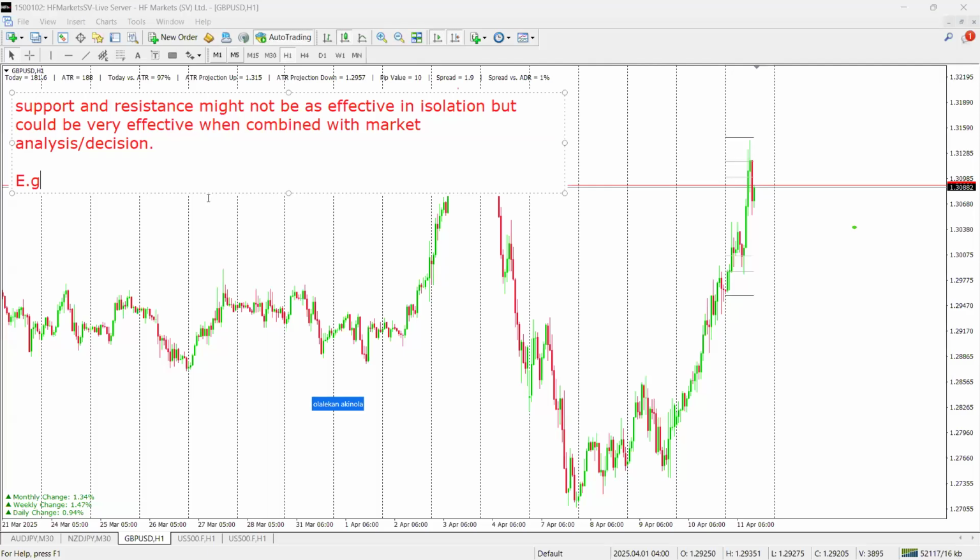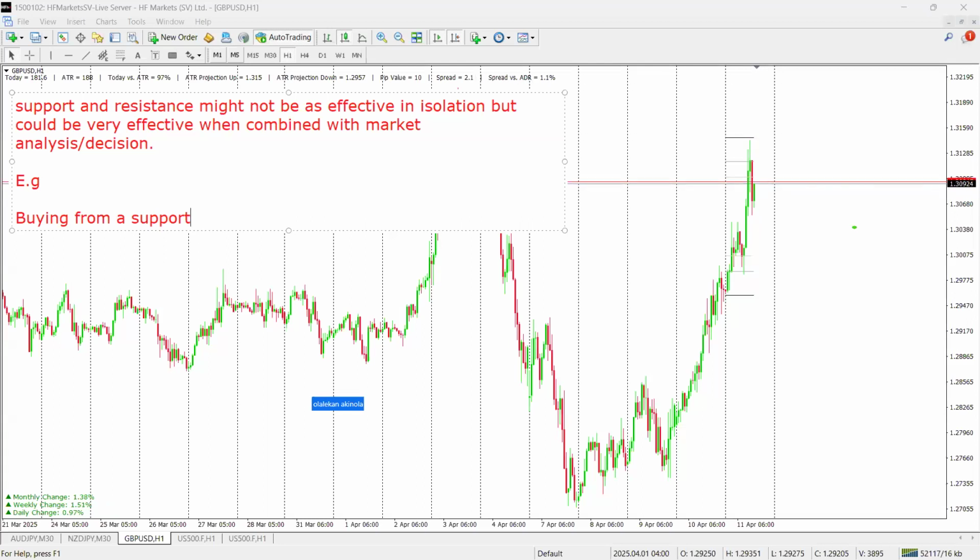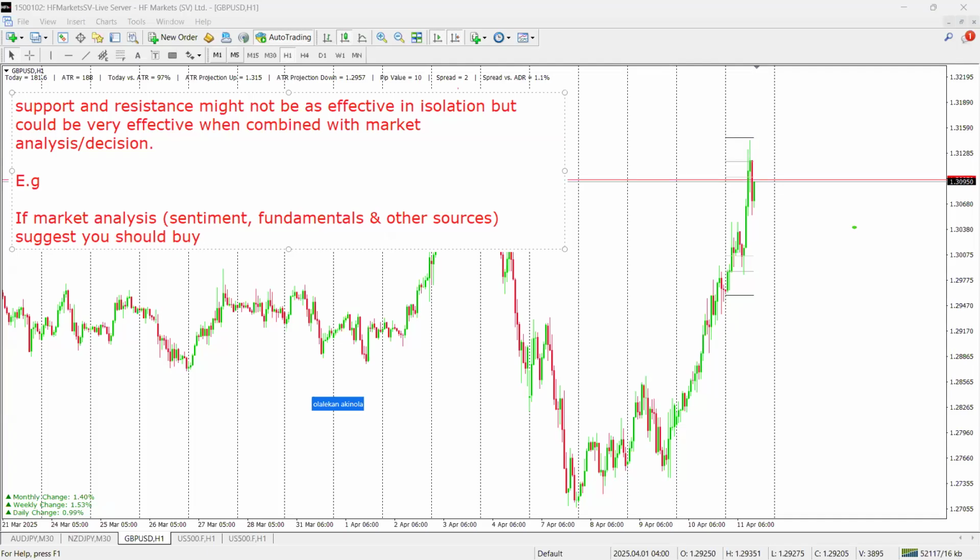For example, buying from a support: if market analysis, say for example sentiment, say fundamentals, say even someone gave you a signal, whatever it could be, or other sources, someone offering you a trade opportunity, suggest you should buy any instrument, then it makes sense to buy from a support level.